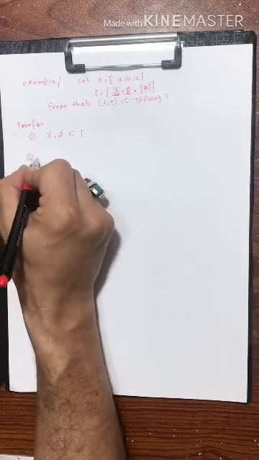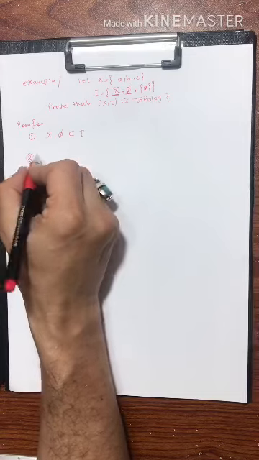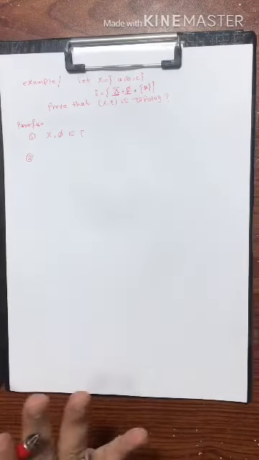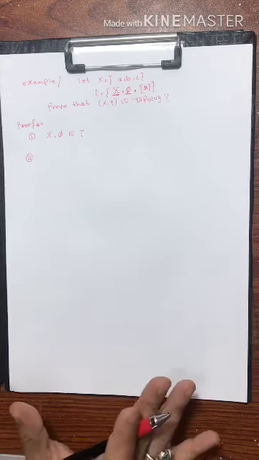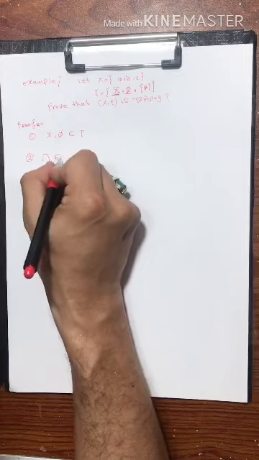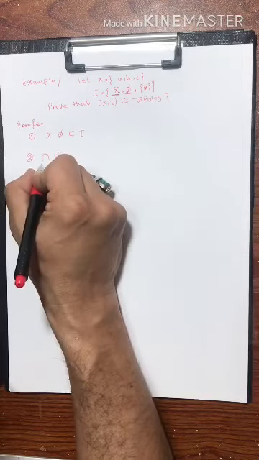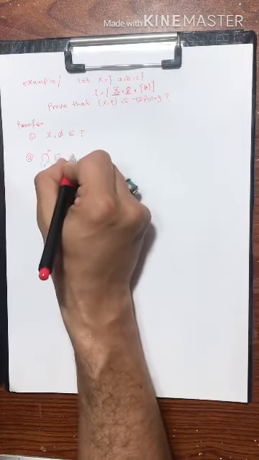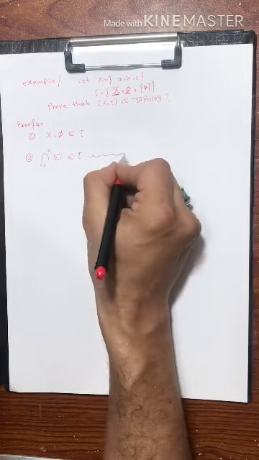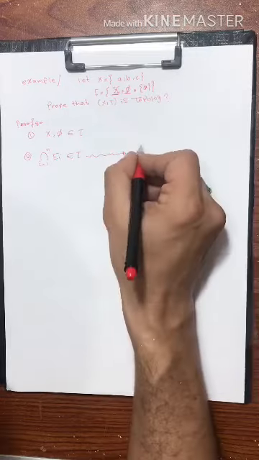Now, to prove the second condition, which says the intersection of all subsets, i from 1 to n, must belong to tau, we will explain it here.